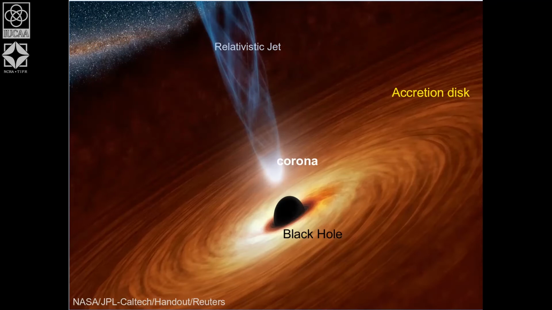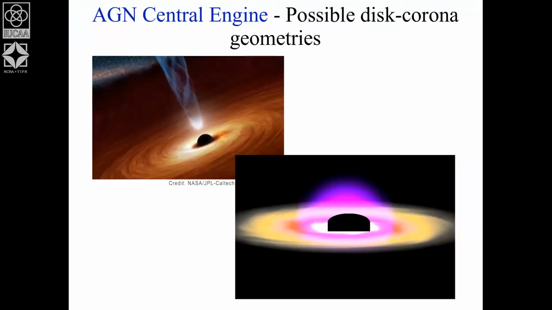But this base of the jet is probably the hot corona, which contains highly energetic electrons. Then the optical UV photons from the disk will interact with these energetic electrons, and that gives rise to X-rays, and we will see how that can happen. But this is one possible configuration; there are other possible configurations.